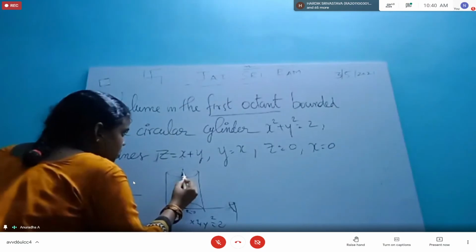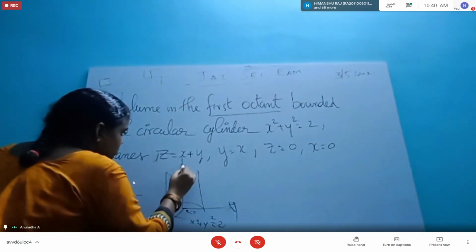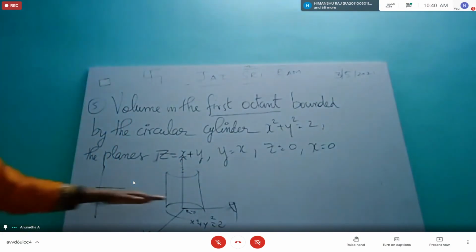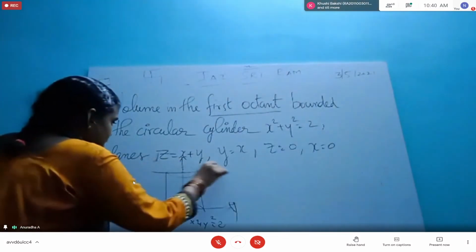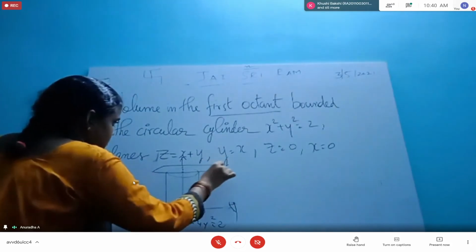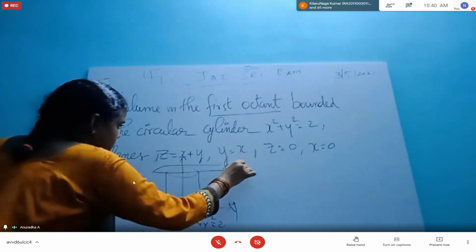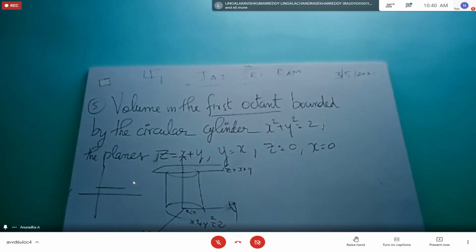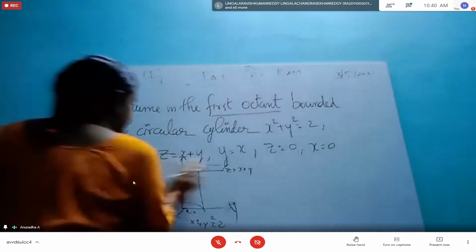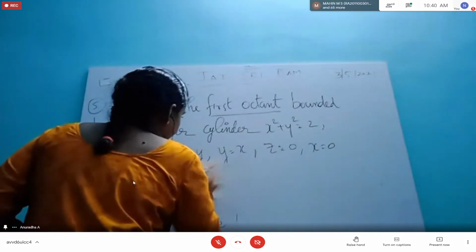So here will be the point, this will be the point, this point, z equal to x plus 1. Between those, the cylinder is getting cut. So here I have another plane-like structure, that will be z equal to x plus 1. Don't worry about the diagrams. We are going to write the limits from the question itself. So how to write the limits, we are going to see.